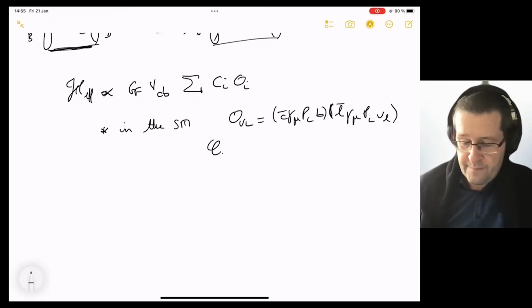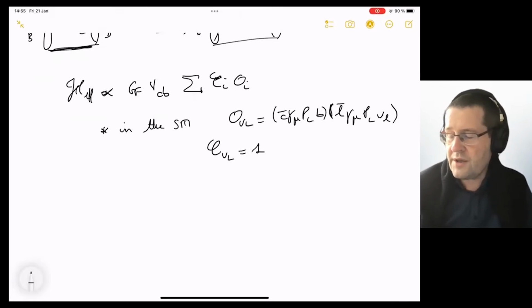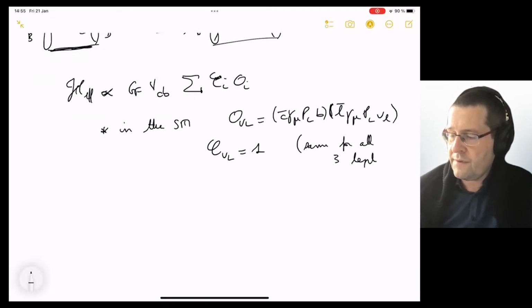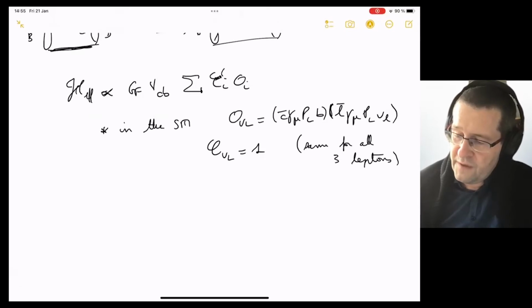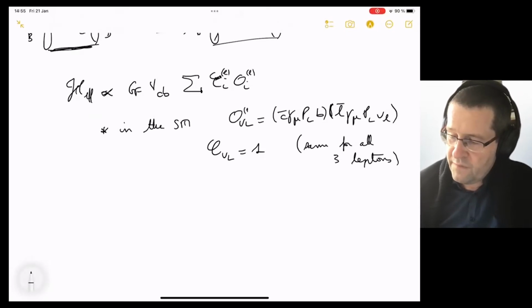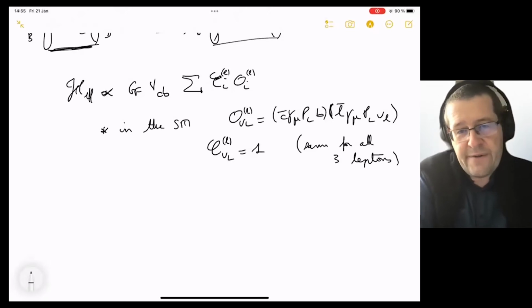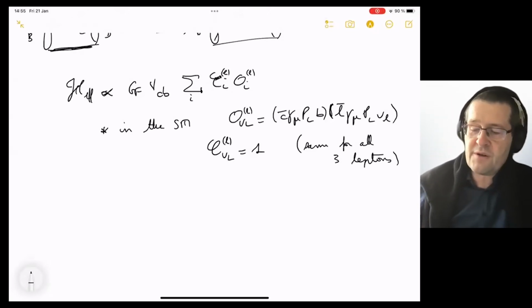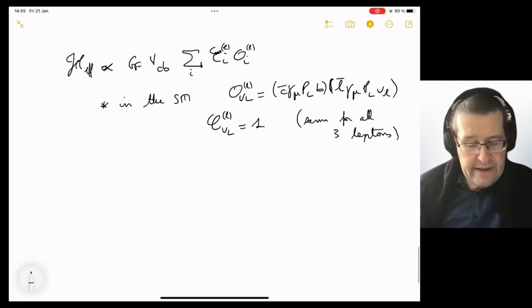And the Wilson coefficient associated with this operator is 1 in the standard model, and same for all 3 leptons. If I wanted to be more specific, I would put some kind of index here reminding me of the fact that I got actually 3 different effective Hamiltonians, one for each of the 3 generations of leptons.